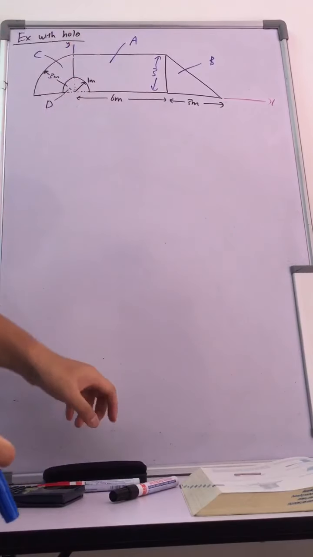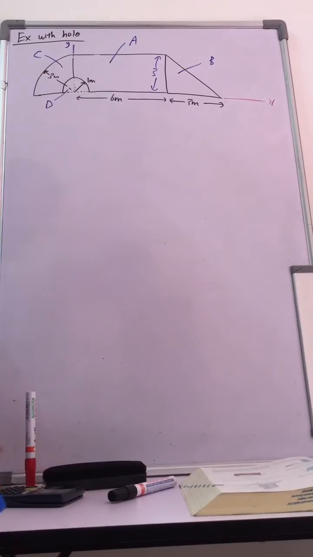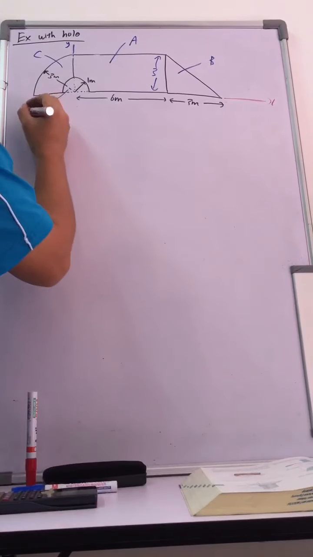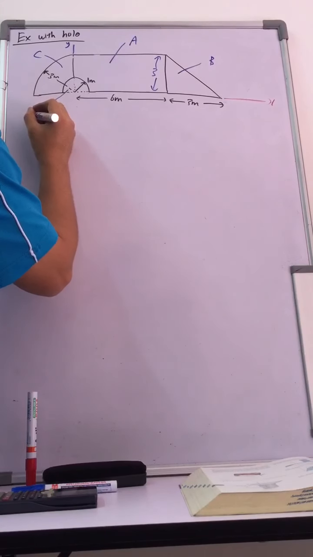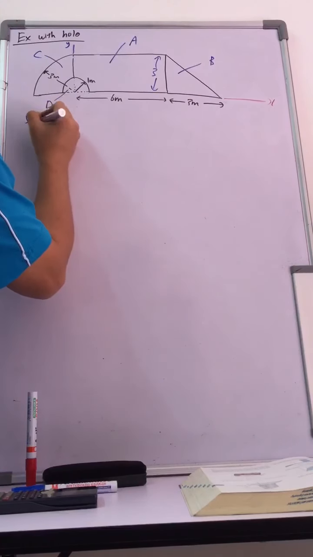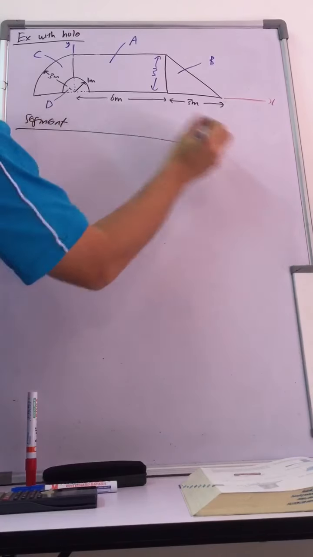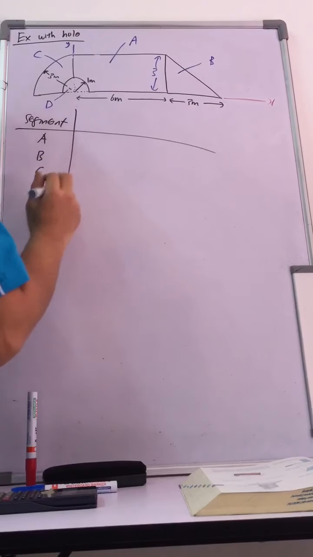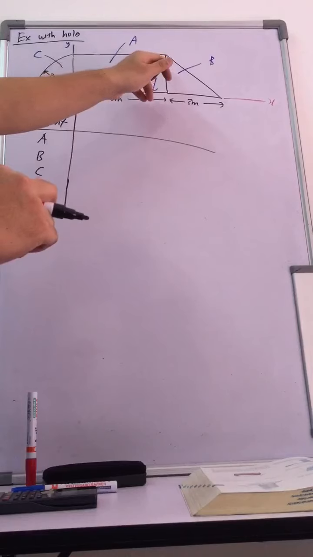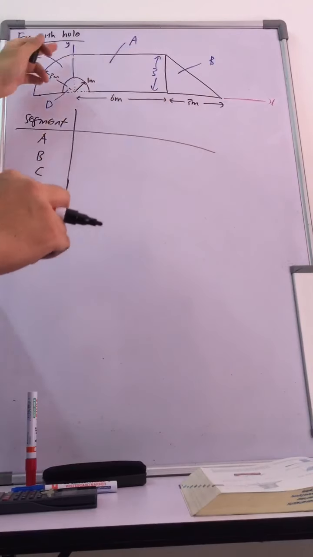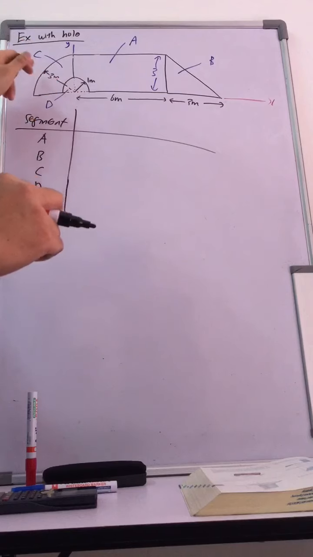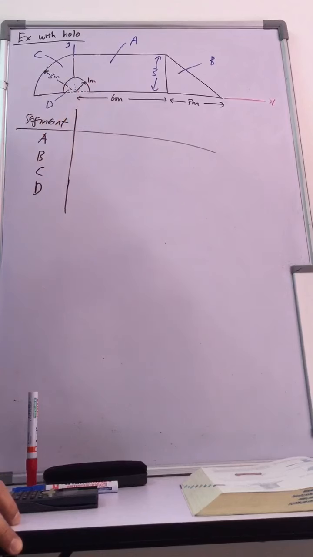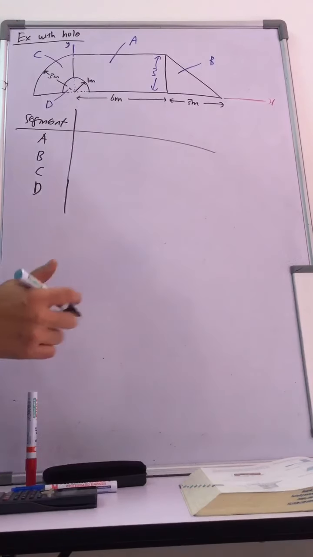You can simplify this body into smaller, simpler shapes, which are these four: A, B, C, and D. Under segment, you have A, B, C, and D. A is a rectangle, B is a right triangle, C is the quarter circle with 3 meter radius, and D is a semicircle with a 1 meter radius, and it is a whole. Okay, this D.